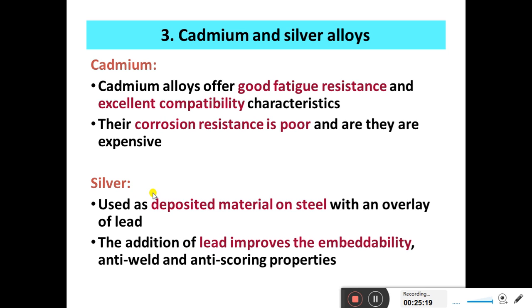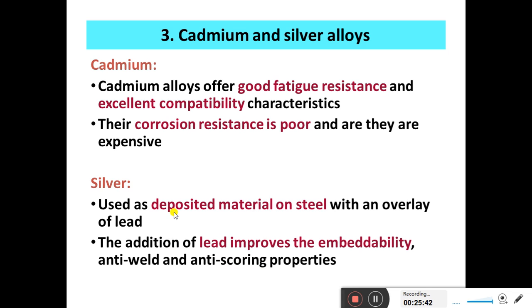Okay, those properties are embeddability, anti-weld, anti-scoring properties. Anti-scoring or anti-welding means embeddability. By adding lead, it will increase the embeddability and compatibility properties. Clear?